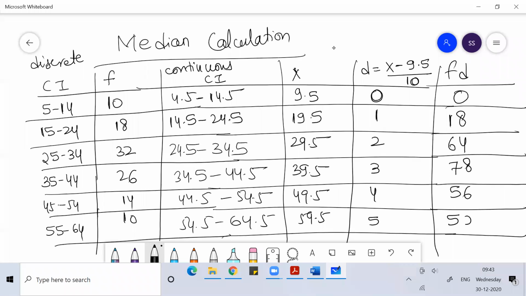Okay, everyone, any doubt? So do the sum: 12, 20, 26, and so on, giving 266. The sum of fd you got is 266. Anyone, any doubt till here?